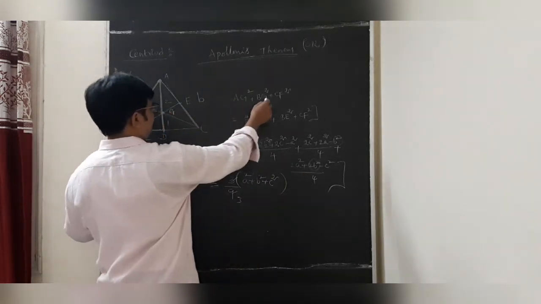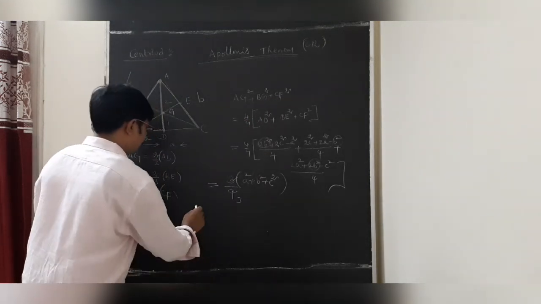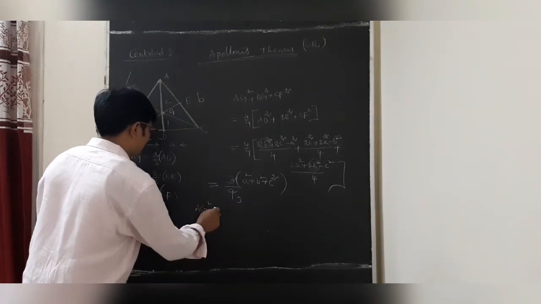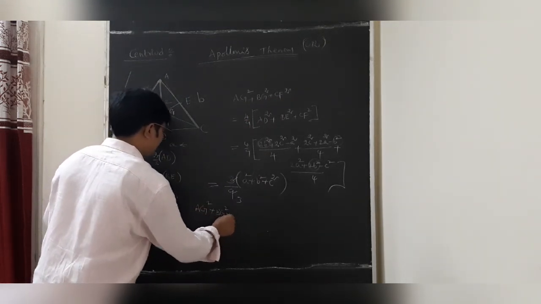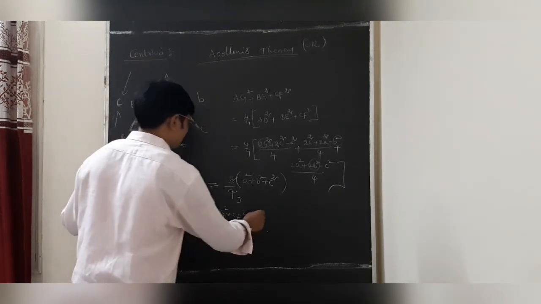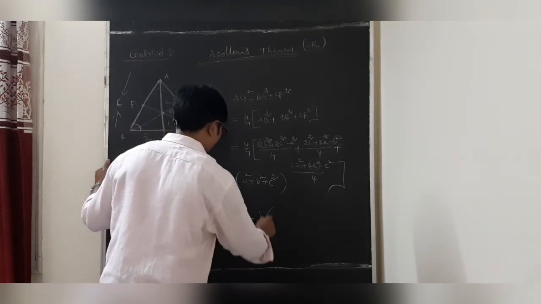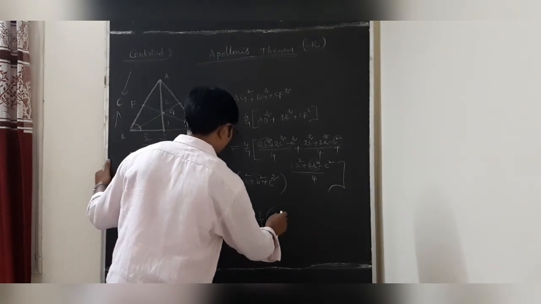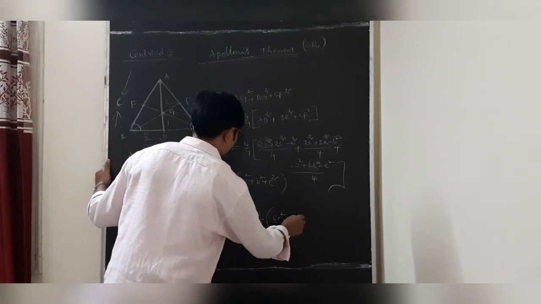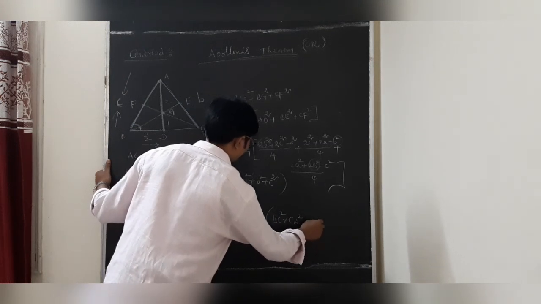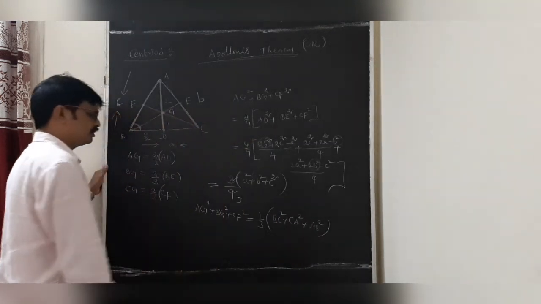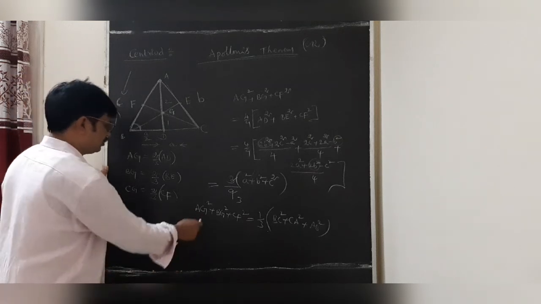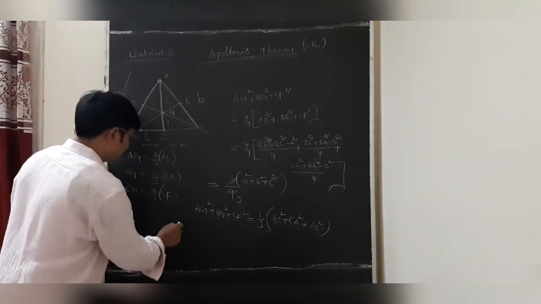So what we observed? AG square plus BG square plus CG square is the 1 by 3rd of BC square plus CA square plus AB square. Sum of the squares of the sides is equal to thrice of this. How can you write this, students?